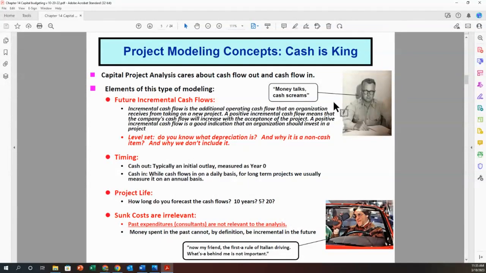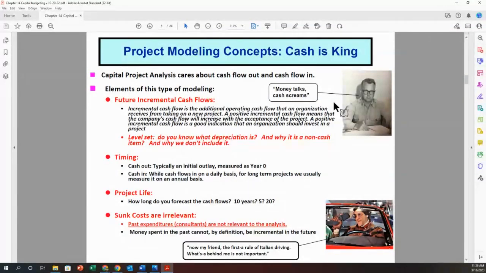So timing: cash out initially, we call that the initial outlay, and we usually call that year zero. We measure that as year zero. Basically the major cash flow to invest in the project or to spend it, we call that year zero.